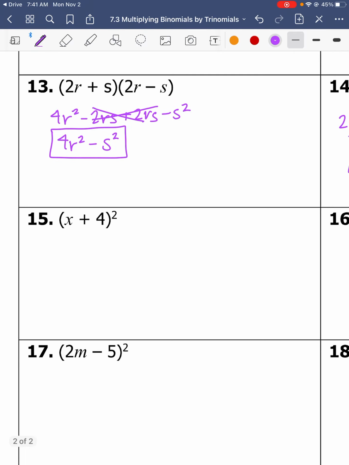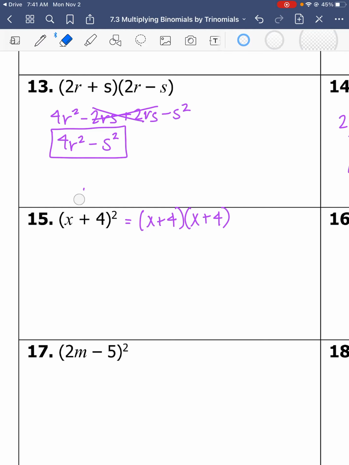15. Okay, this is really important for you to remember, because a lot of students mess up problems like these. When you have something that is being squared, right, we have x plus 4 squared. When you square something, that means that you multiply it by itself. So what this is actually saying is x plus 4 times x plus 4.